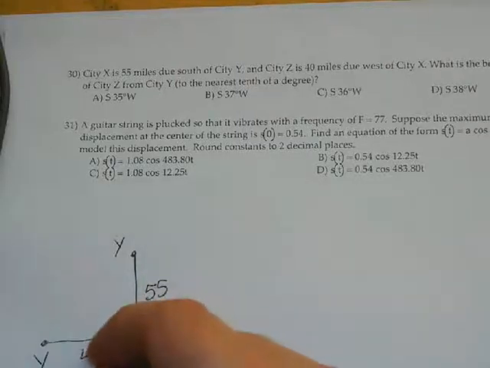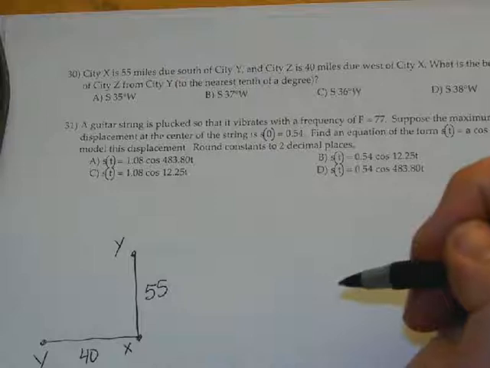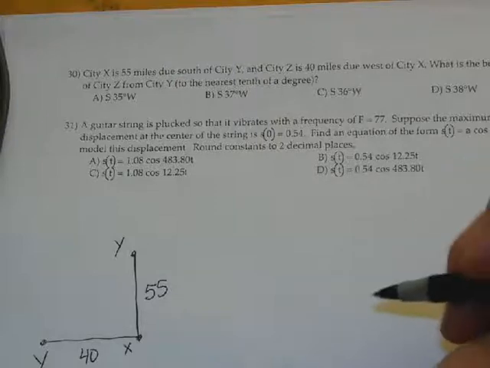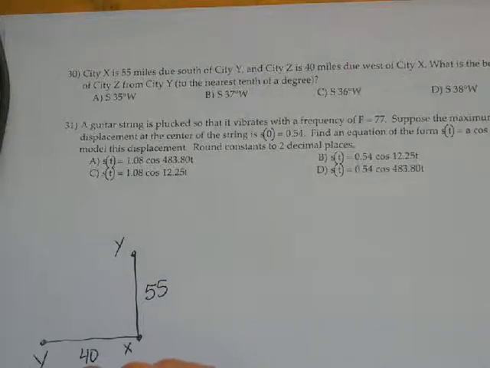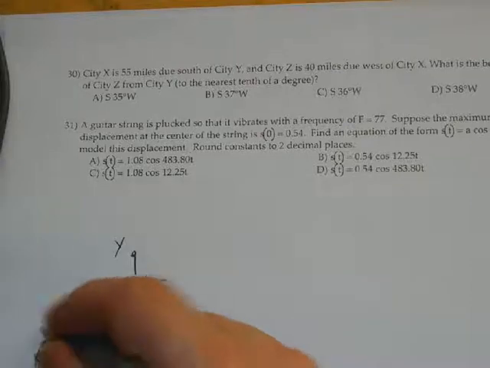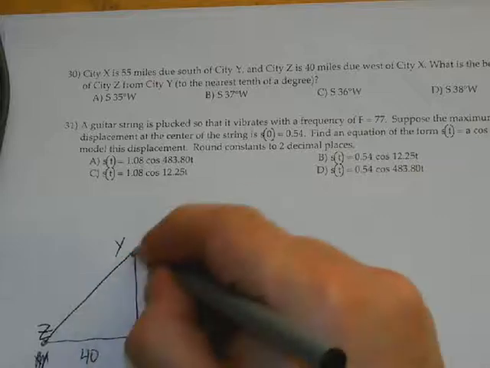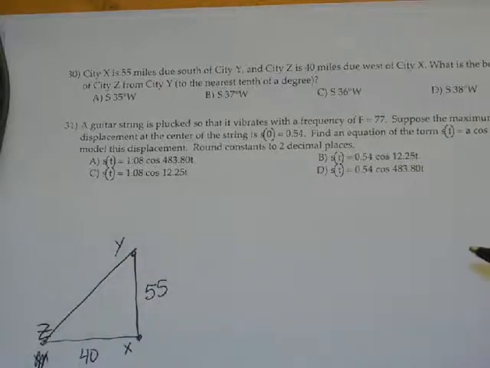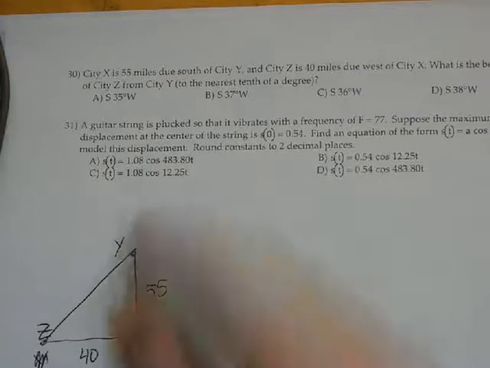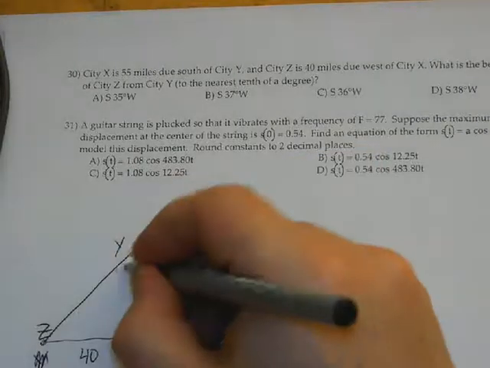That's 40. And somewhere is Z. My apologies, this is supposed to be Z. And there's a triangle. What is the bearing from city Z to city Y? So from here to here, so let's find this angle.